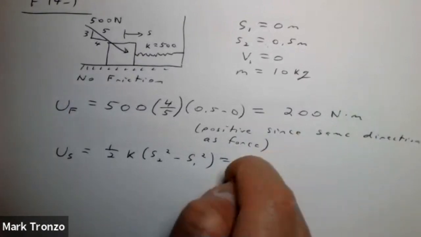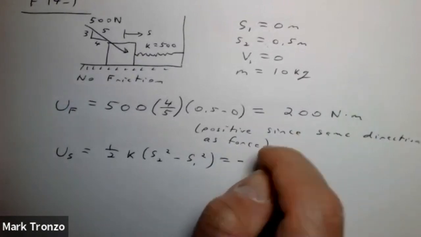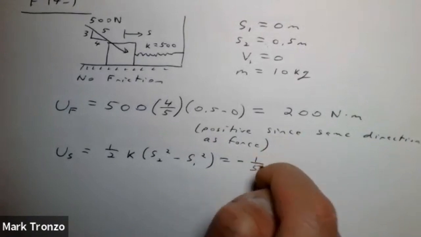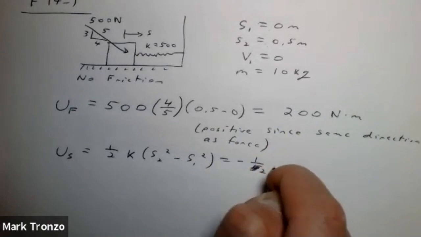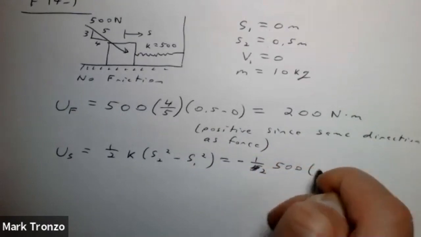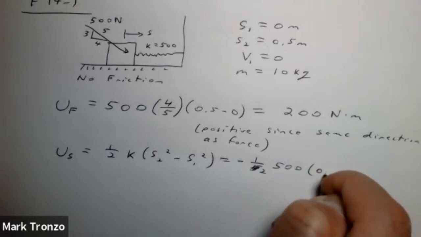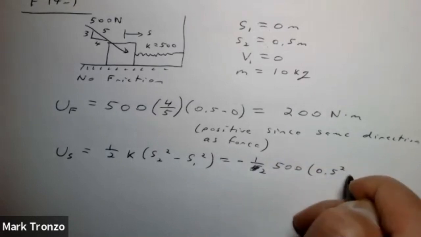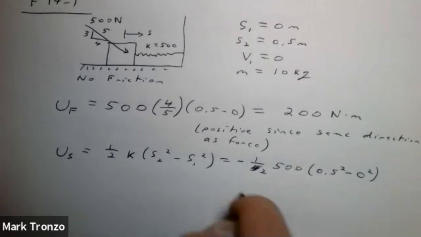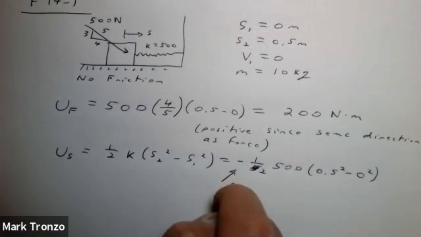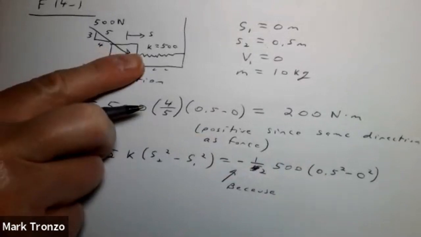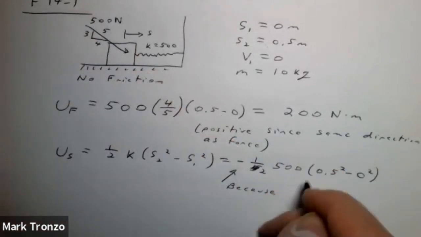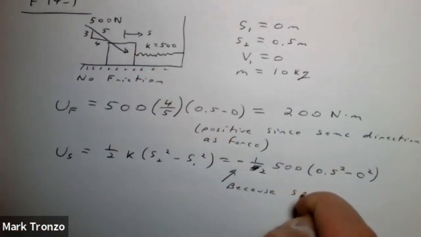So that's going to have to be negative: 1/2 times 500 times 0.5 squared minus 0 squared. Again, negative because it's going to be compressed, so the spring is going to push back, because the spring opposes motion.